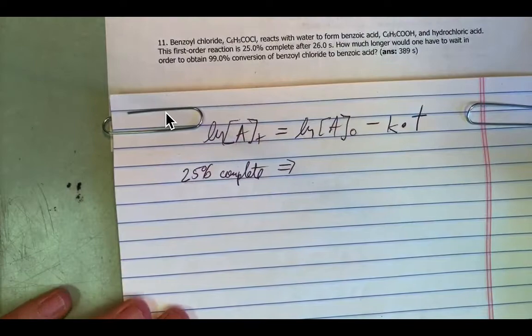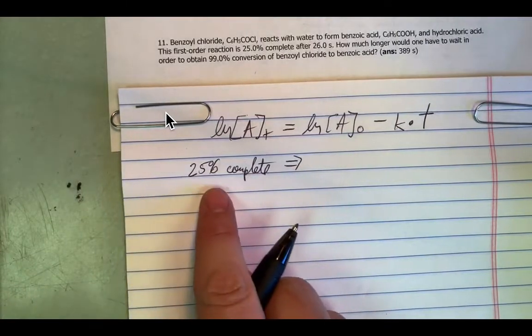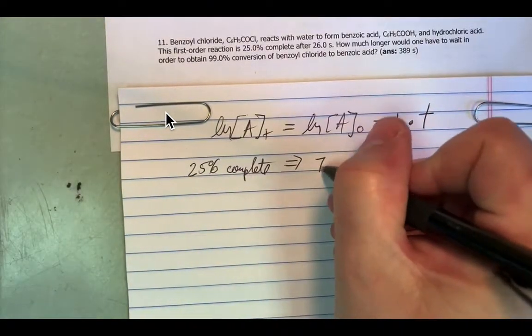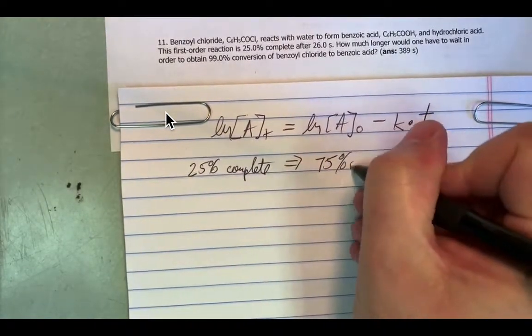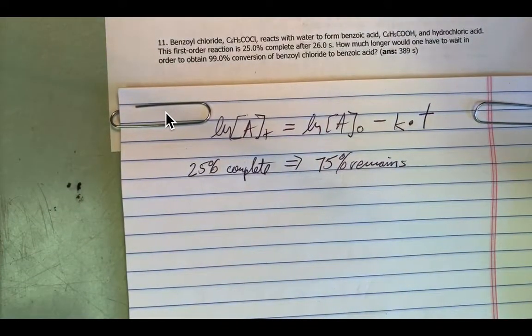Well, this equation doesn't care how much is complete, it cares how much remains. But we can figure that out since the total amount of the substance, of course, is 100%. So 25% complete means that 75% remains. And that's what our equation is tracking, how much of the chemical is remaining.